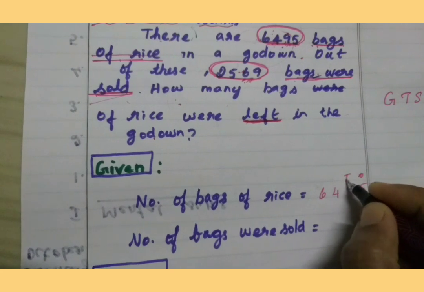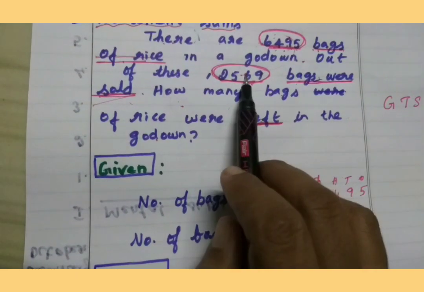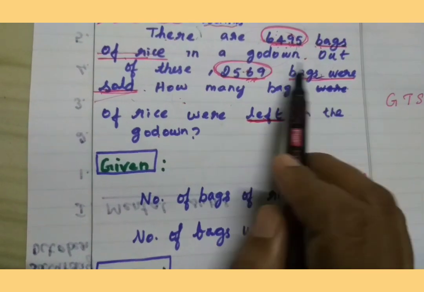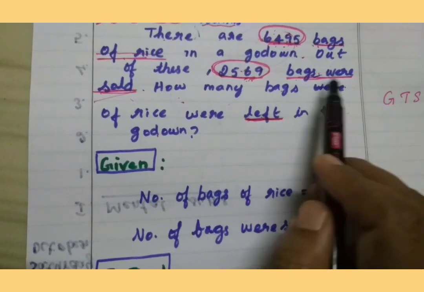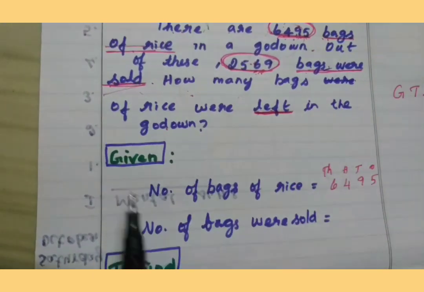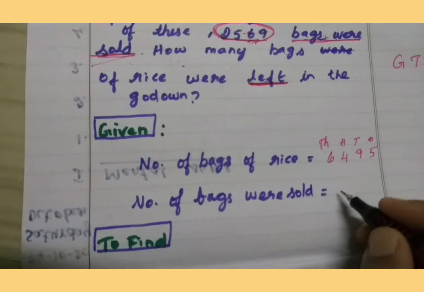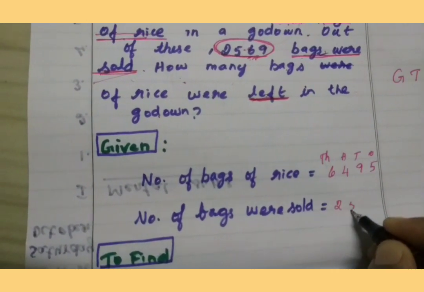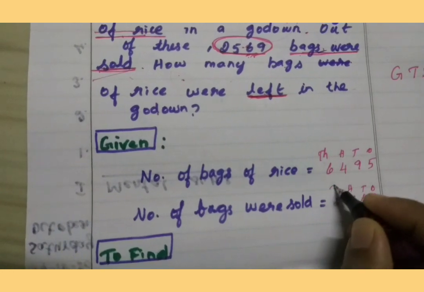Immediately you should write the places: ones, tens, hundreds, thousands. And the second number, the nearest words indicate bags were sold. So number of bags were sold, equal to 2,569, with ones, tens, hundreds, thousands.